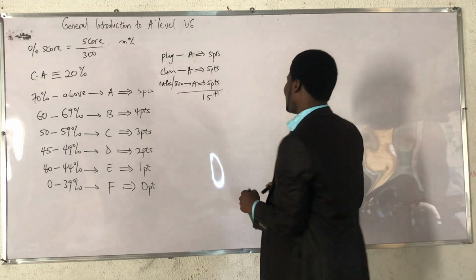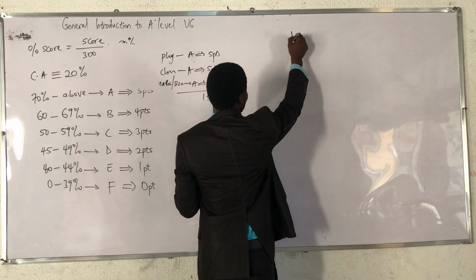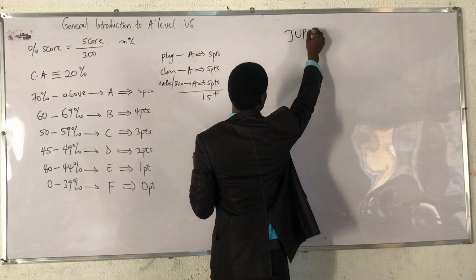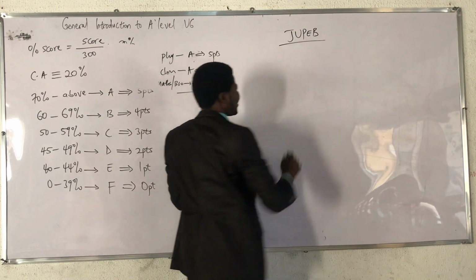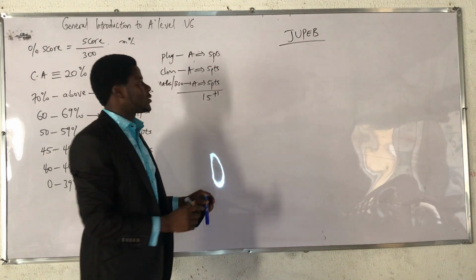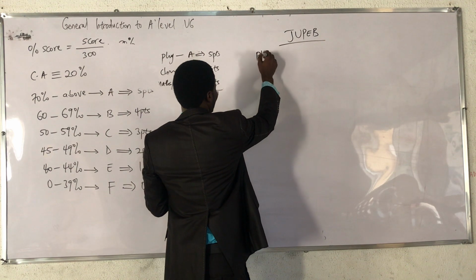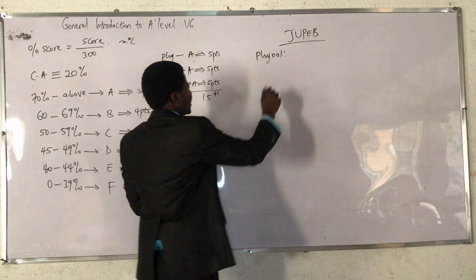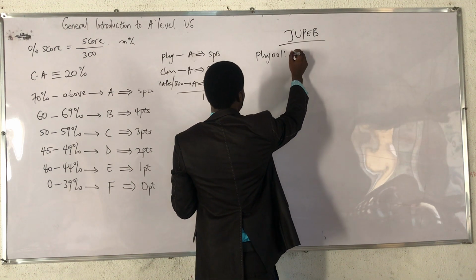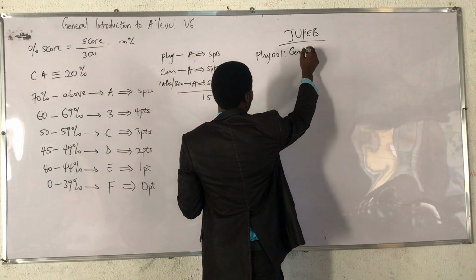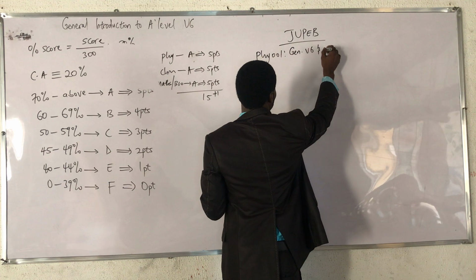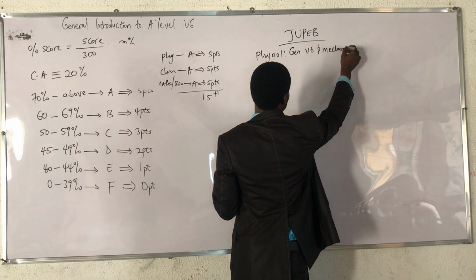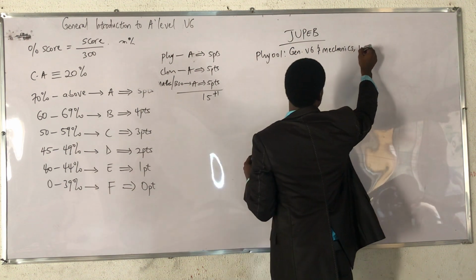They have 50 objective questions. JUPEB is moderated by Unilab. Okay? So this is how the whole syllabus is arranged. Physics 01. In Physics 01, they have the following topics: general physics and mechanics, then properties of matter.